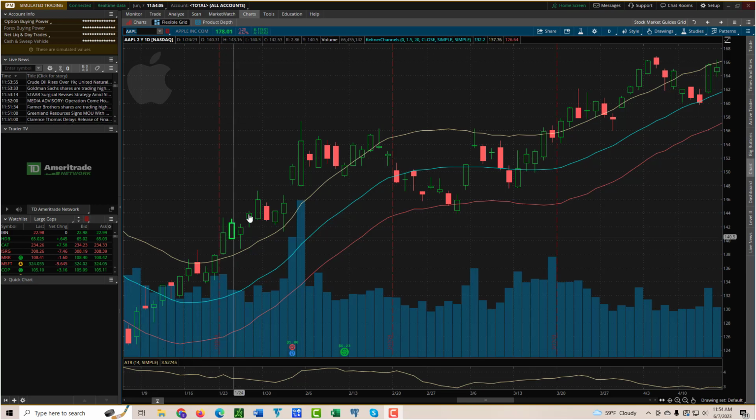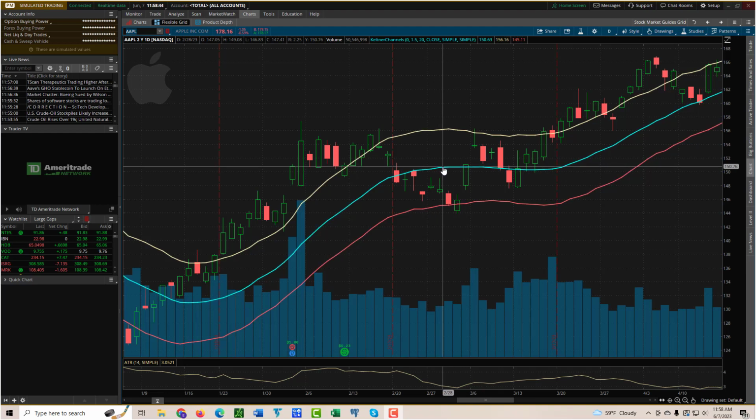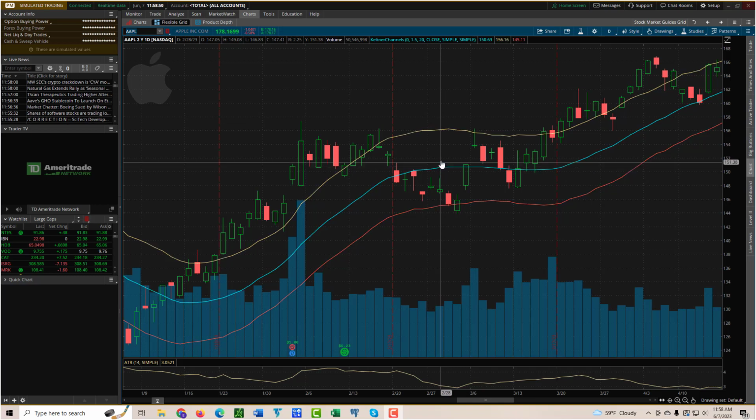What's the true range? The true range is when you look at any of these price bars, you take the very highest price of that bar and subtract the very lowest price. That's the true range. So you take the average of these true range values for the last 14 days by default, and you multiply that times 1.5. And whatever that number is, you add that for any given day to the simple moving average value.